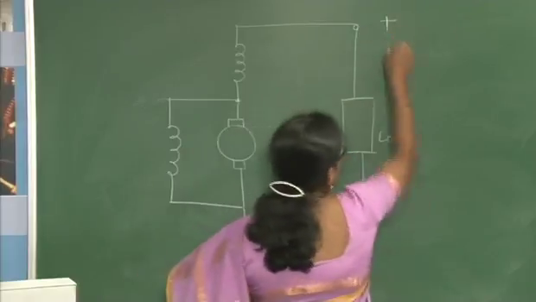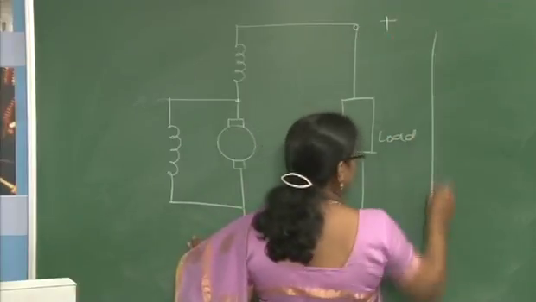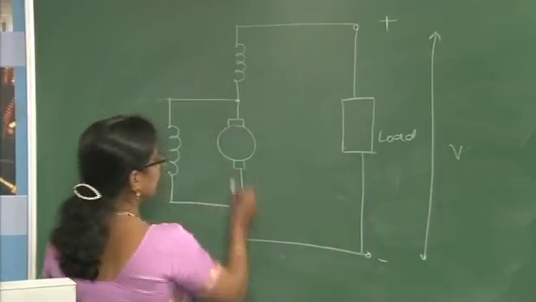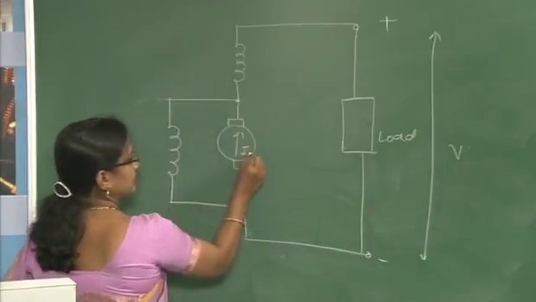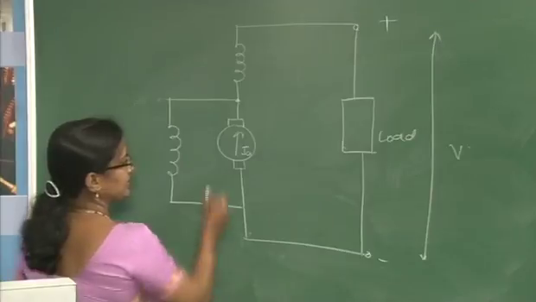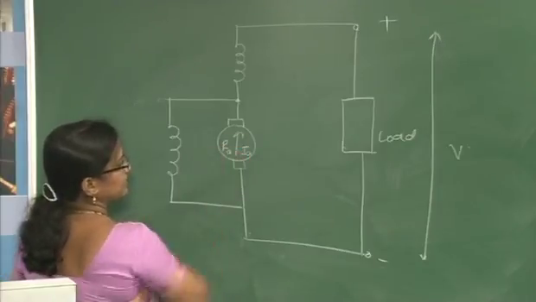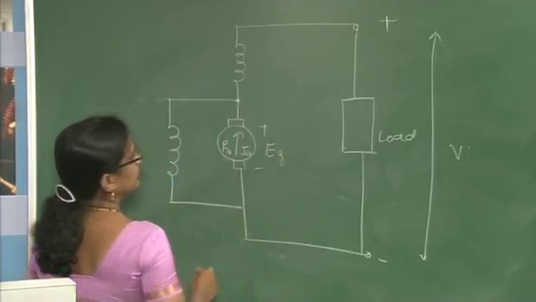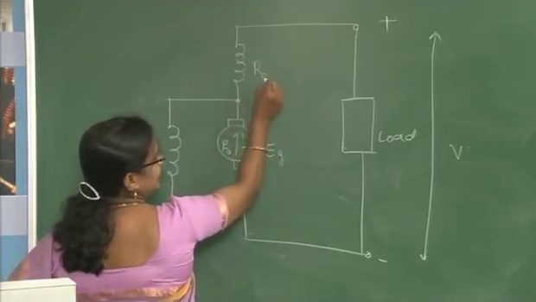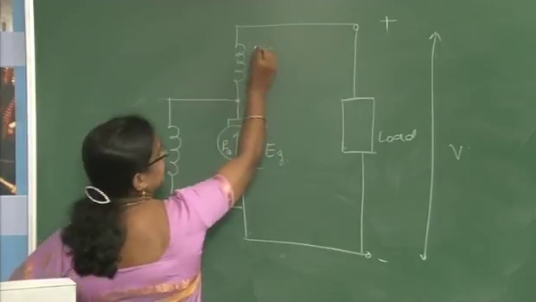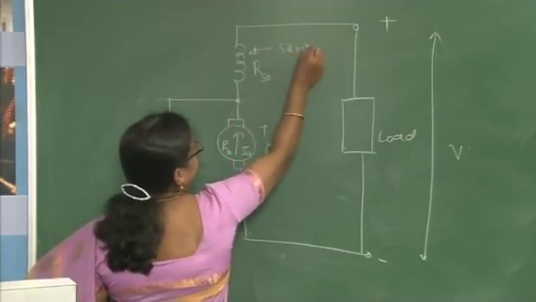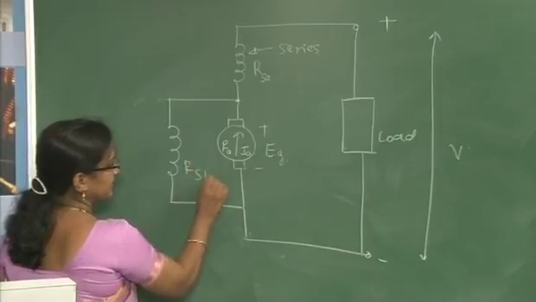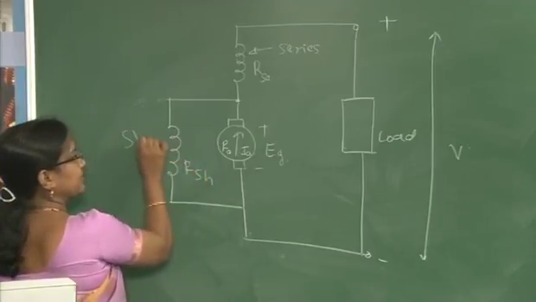So, this is the terminal voltage. Now, this IA is the armature current, RA is the armature resistance, and EG is the induced voltage. RSE represents the resistance of the series field coil, and RSH represents the resistance of the shunt field coil.